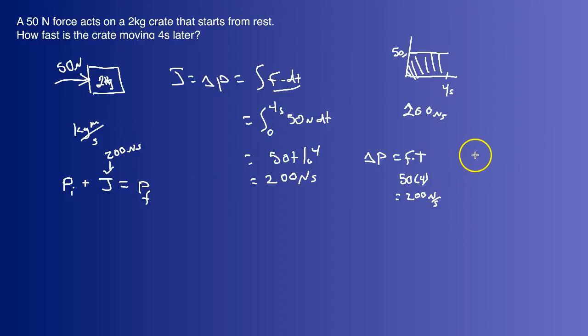Remember that a Newton is a kilogram meter per second squared. If we multiply that by a second, one of those goes away and we get kilogram meters per second. We then have an initial momentum mv of 0 because we have velocity of 0.